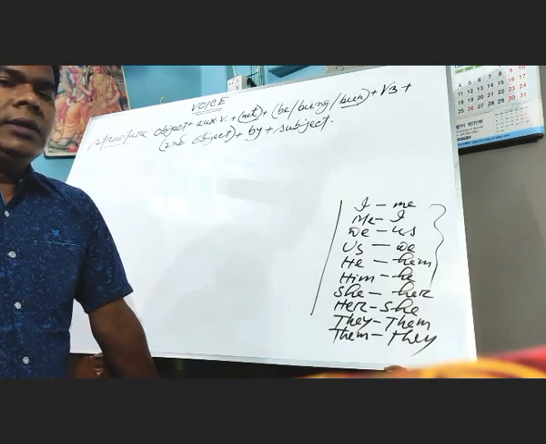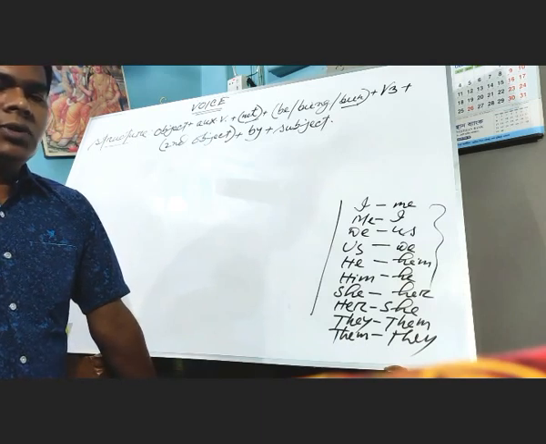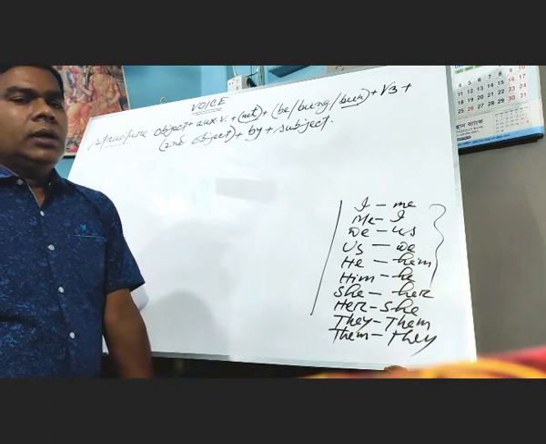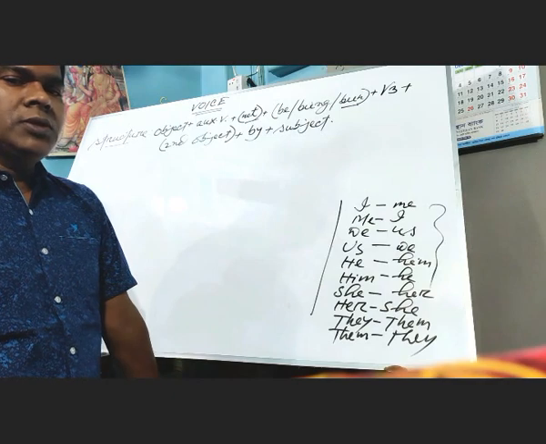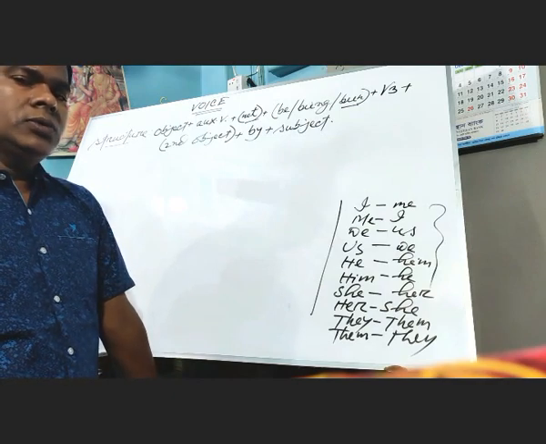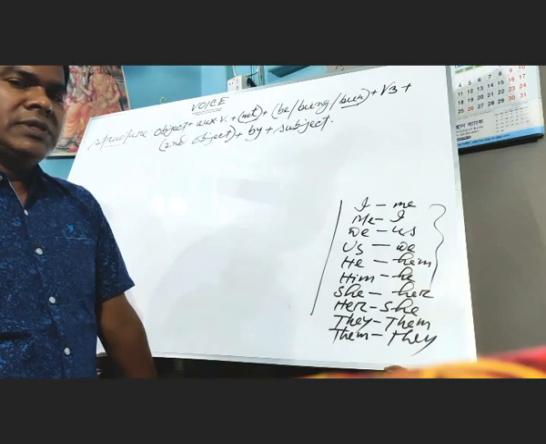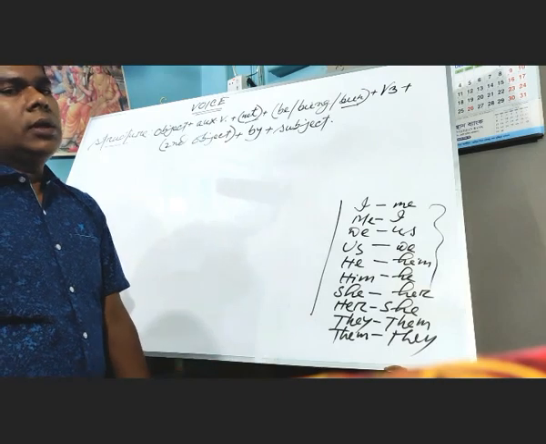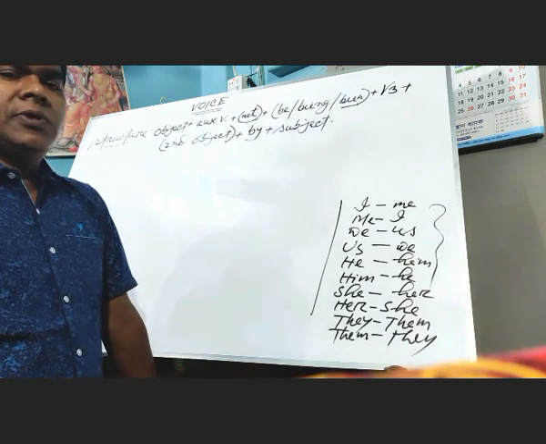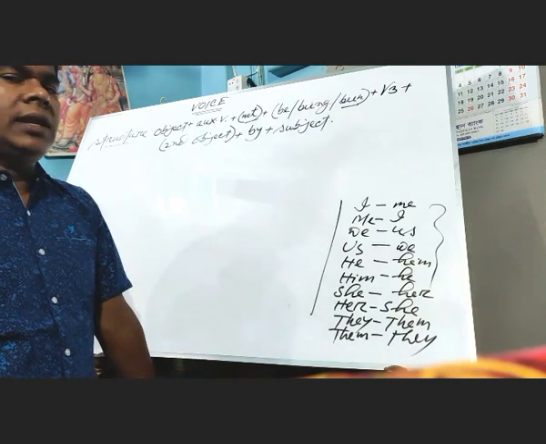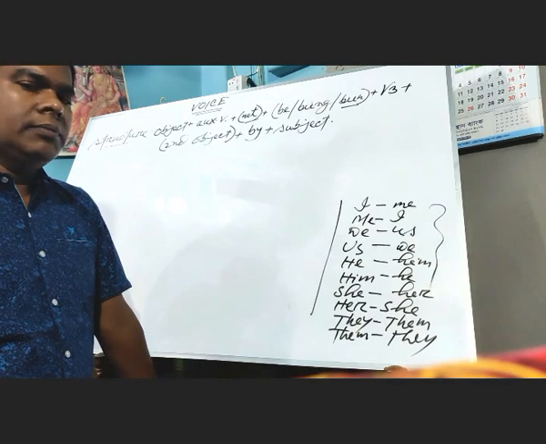If we find the mentioning of auxiliaries in the active voice, in passive voice you will write down be, been, being. Okay, boys? If you find the use of continuous tense, that means am, is, are, was, were, shall be, will be, then you will use being. But if you find the auxiliaries from perfect tense, that means has, have, had, or shall have, will have, then you will write been.